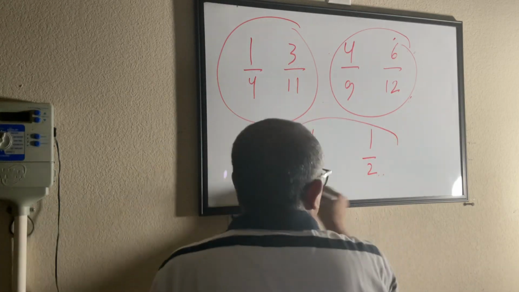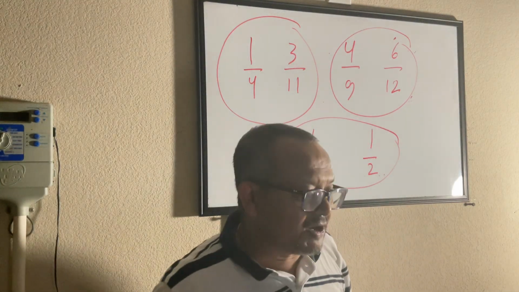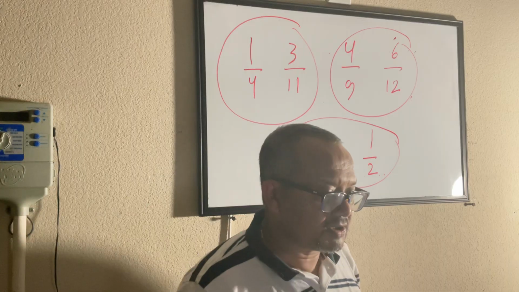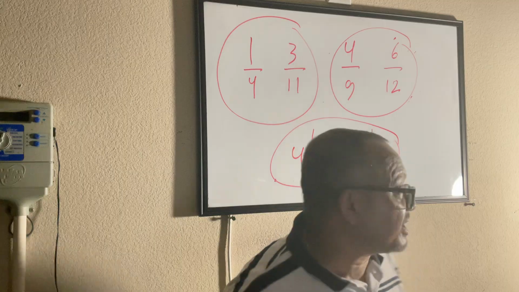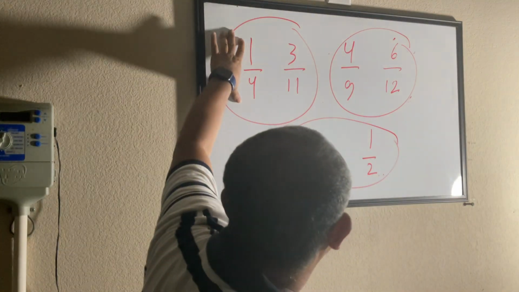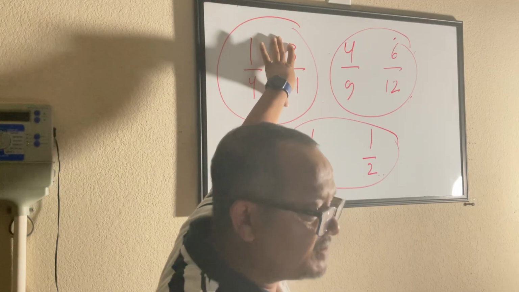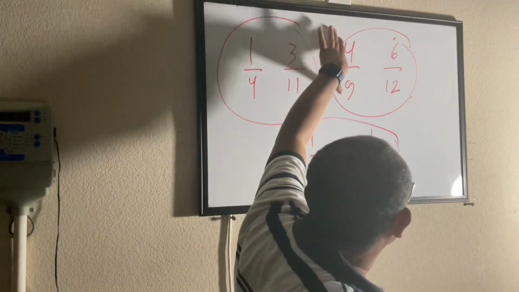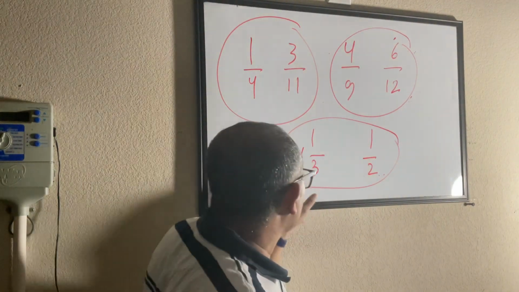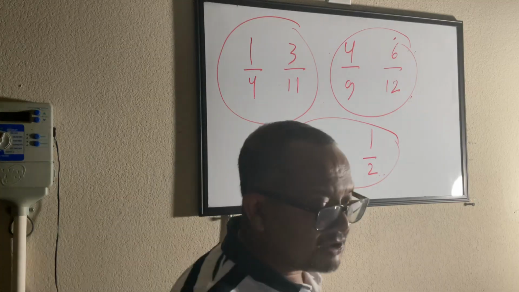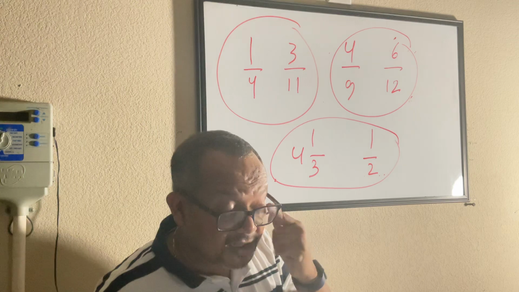Which one is bigger or smaller? And no airy answers. I want the answers to be given to me by doing it in the notebook. Everybody got the questions? First question is 1 by 4 and 3 by 11. Second one is 4 by 9 and 6 over 12. Third one is 4, 1 over 3 and 1 by 2. Which one is bigger, smaller? Everybody, you guys have 5 minutes for solving it.